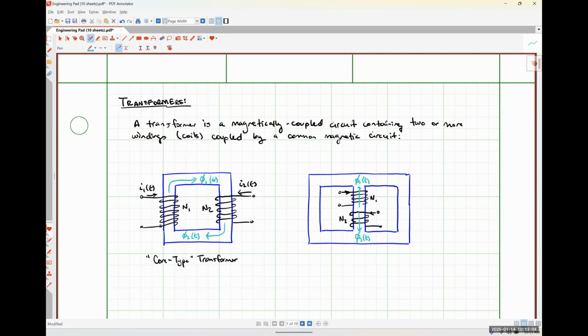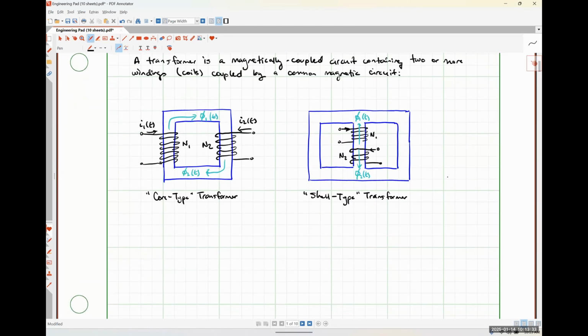I literally just drew the coil windings that particular way so that they were opposite, just so that it was easier to fit the information on here. The direction of the windings is completely up to the person who's designing this thing, so it won't always be this way. But anyway, this is an example of a shell type transformer.